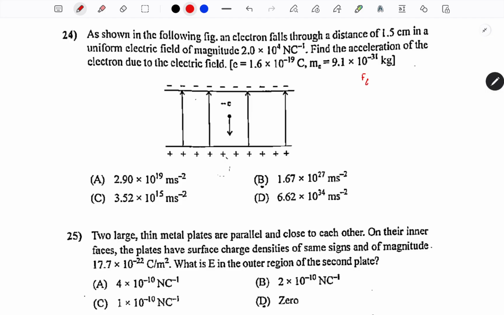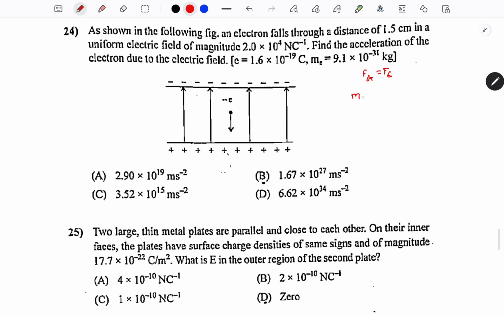One is gravitational force and another one is electrical force. Gravitational force we can say is mg or ma. Another is electrical force, which is E into Q.